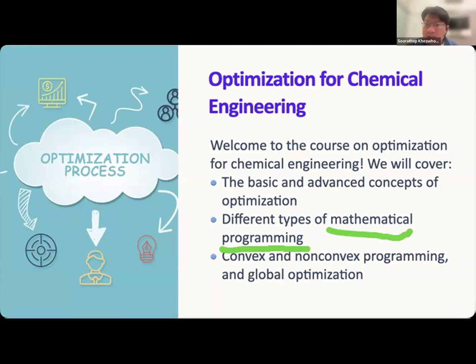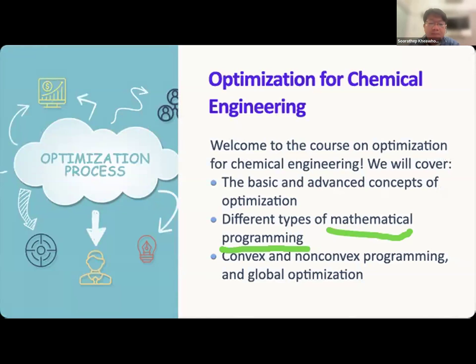It's not an instruction, not computer code at all. It's a kind of formulation of a problem, in particular an optimization problem. We formulate anything into an optimization problem, and we write optimization in a certain form, and we call it mathematical programming.